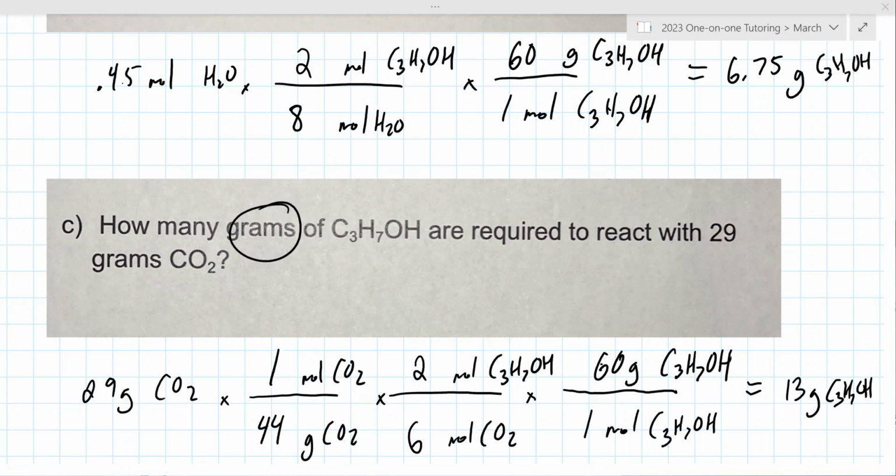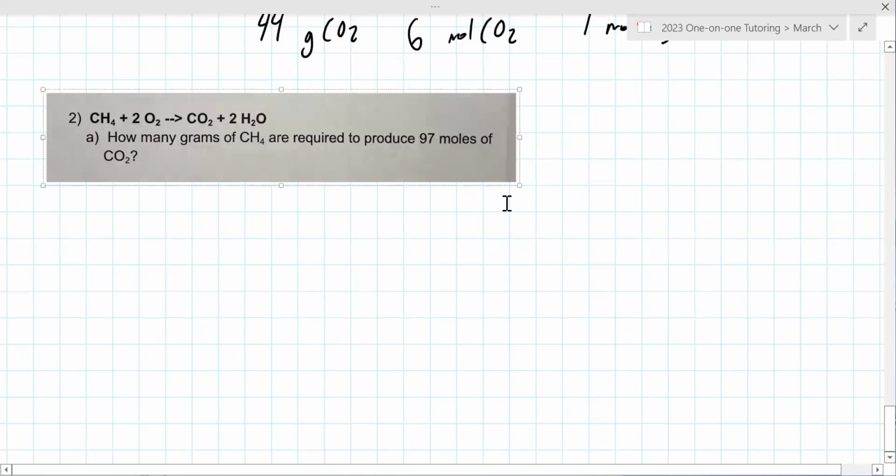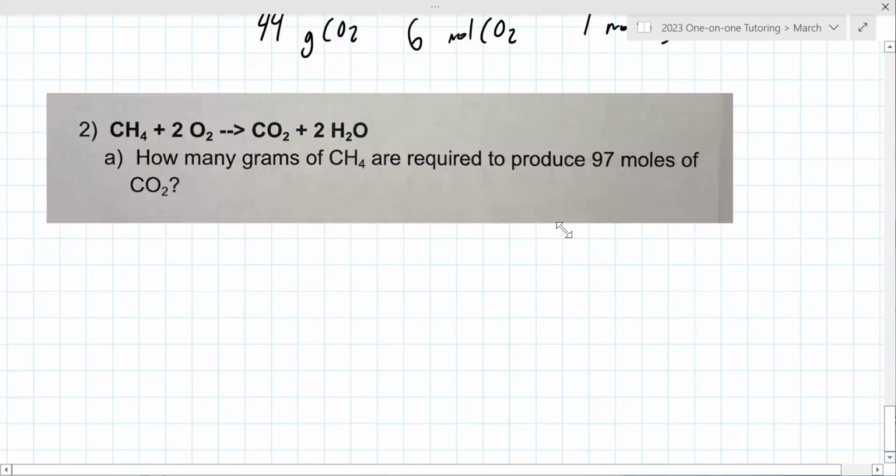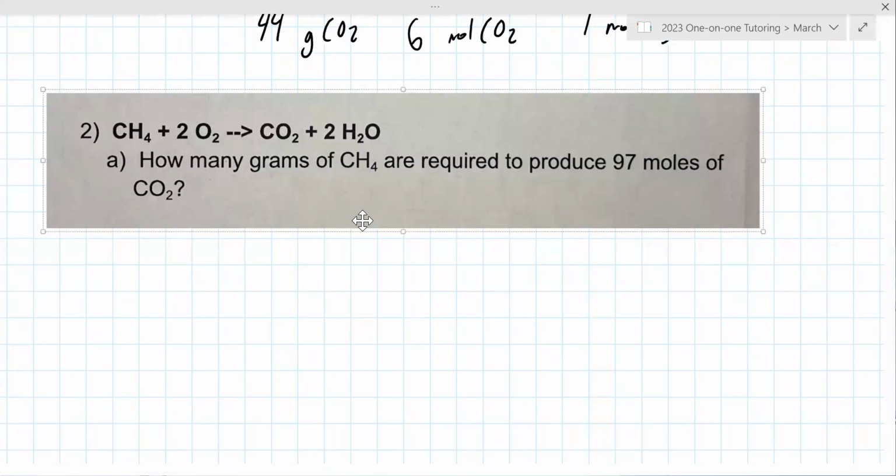So then 2 CH4 plus 2O2 to CO2. Okay, so we're in moles.